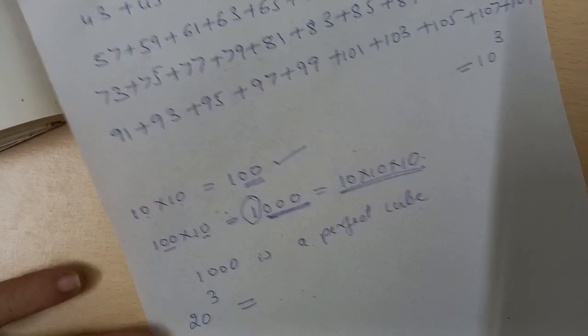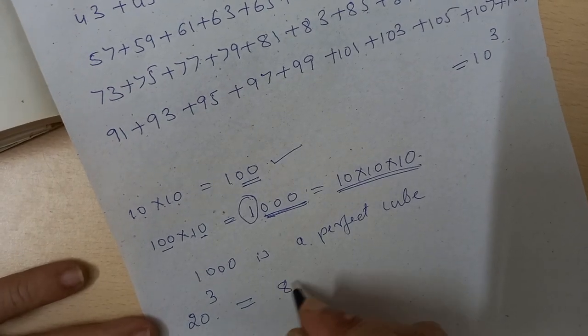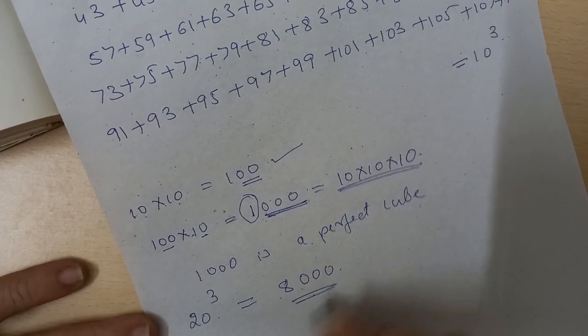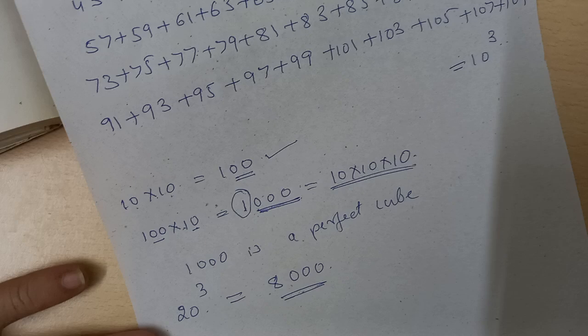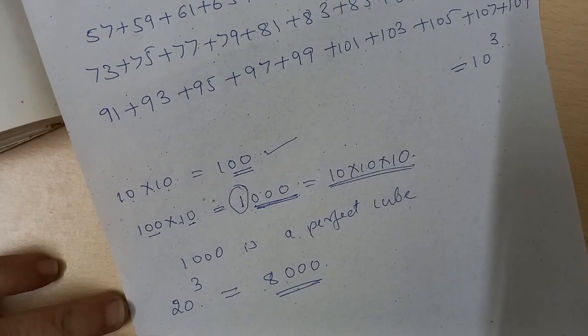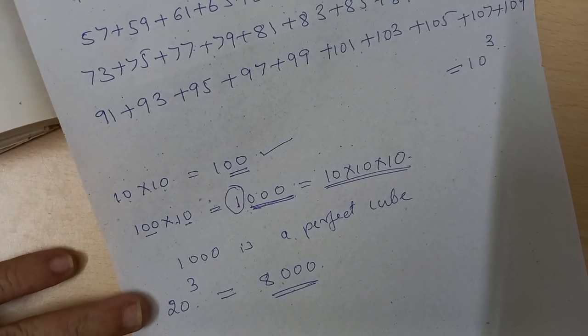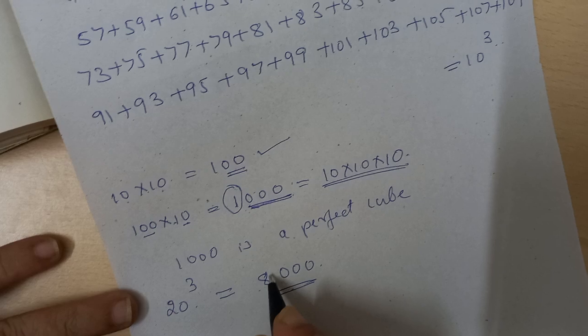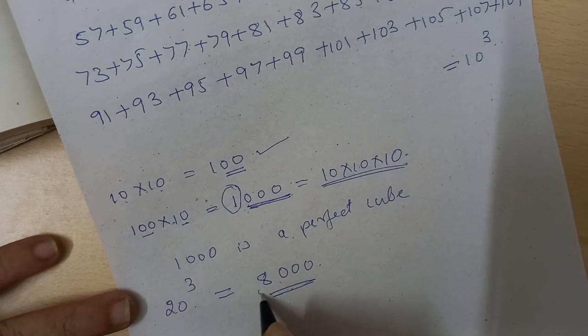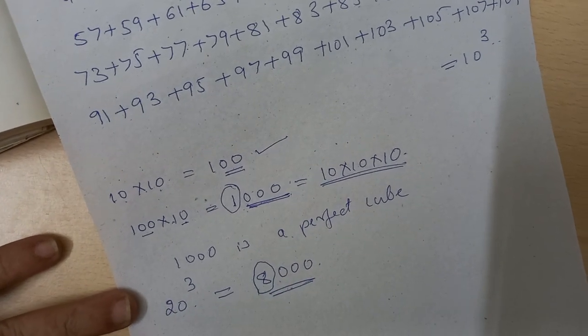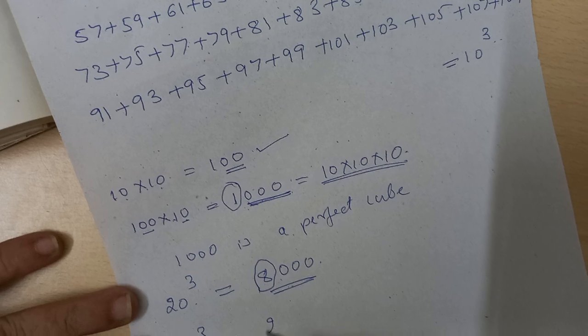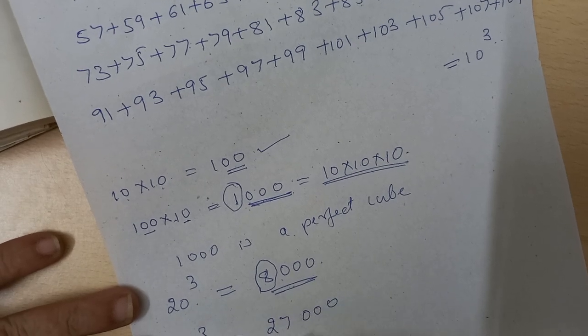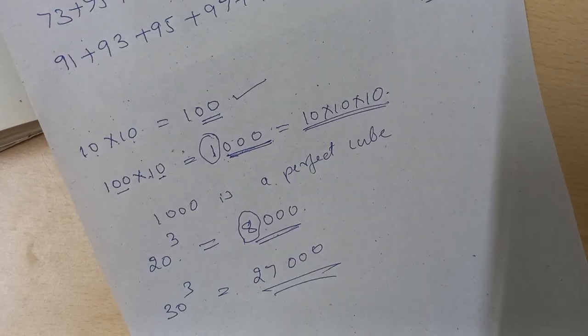Directly can you write? The cube of 2 is 8 and 3 zeros. There should be 3 zeros in a perfect cube number with a numerical number as a cube. For the cube of 30, 27, 1, 2, 3. This is the cube of 30.